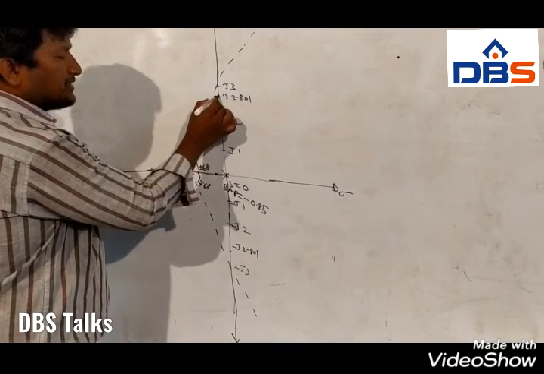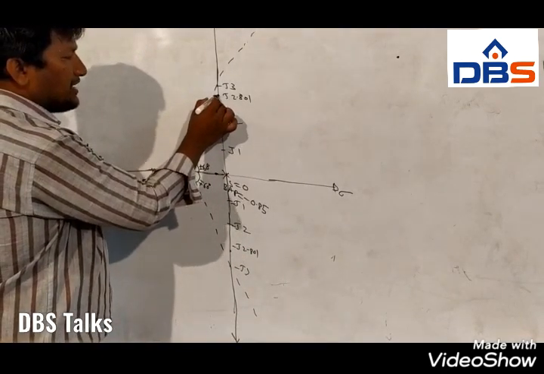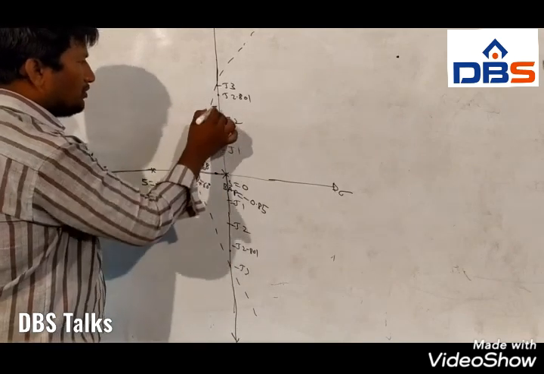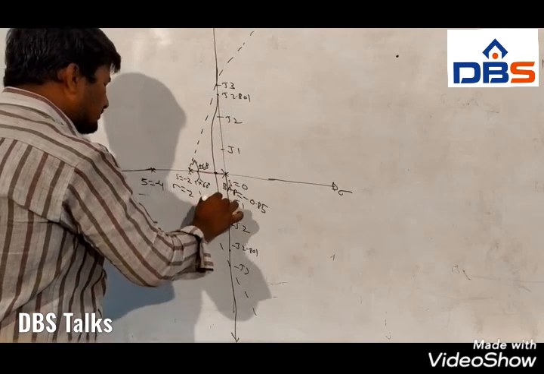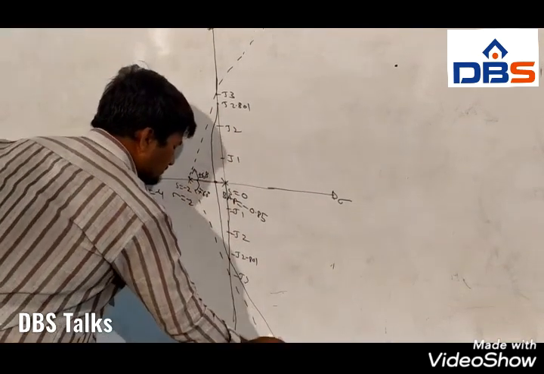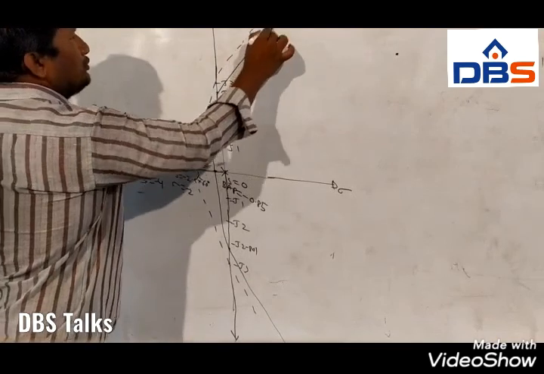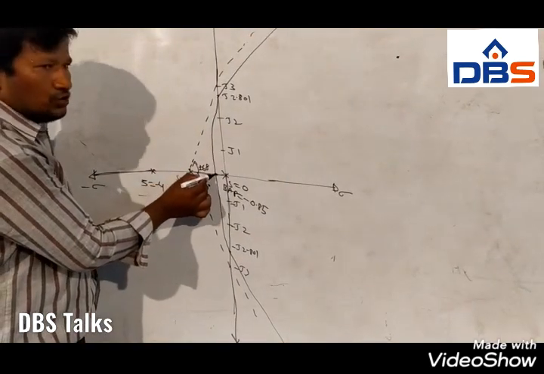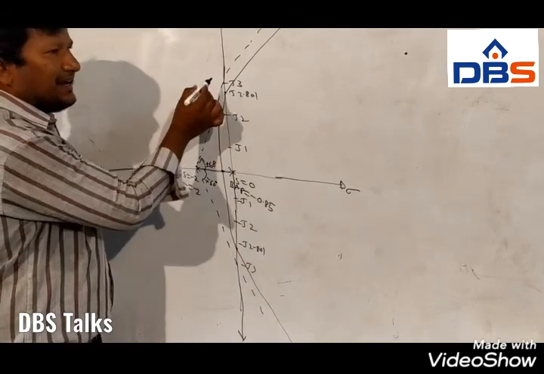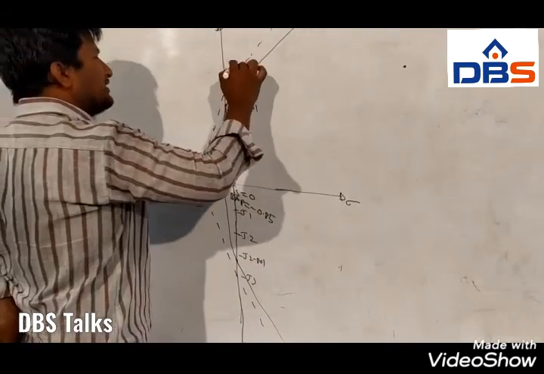So this is the intersection point on the imaginary axis, and this is also. Now combining these 3 points like this, it goes to infinity. So these are the asymptotes.